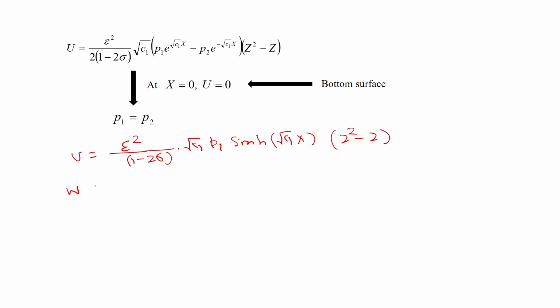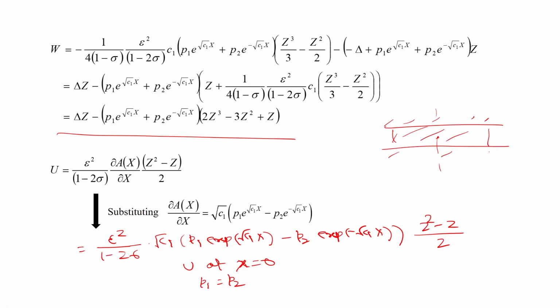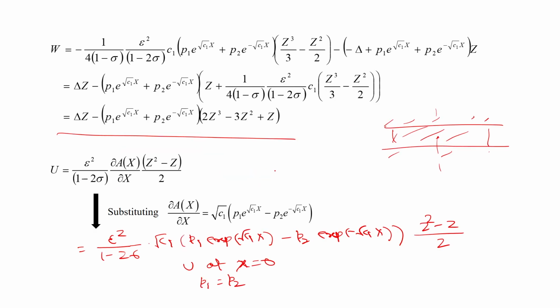Similarly, w can also be written as delta z. So, I will write it from here: delta z minus P1, this will be cos hyperbolic function. So, delta z minus cos hyperbolic square root of C1 into x, and then there is a functional form of z there.